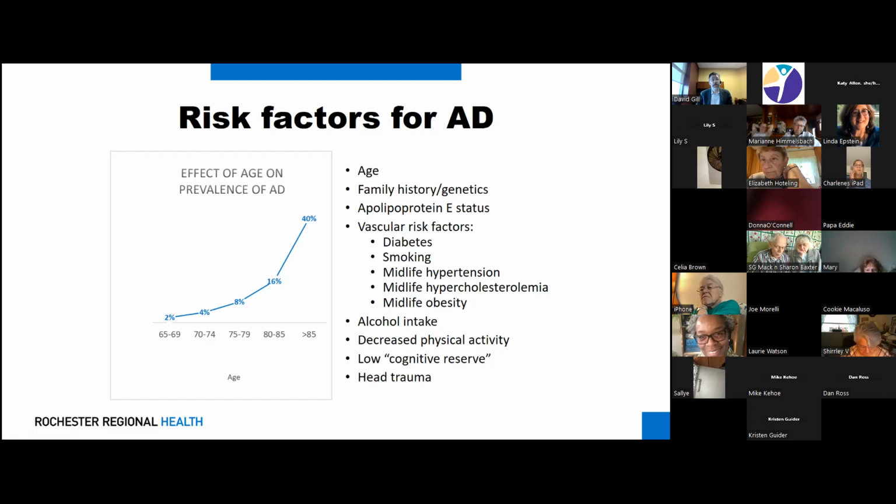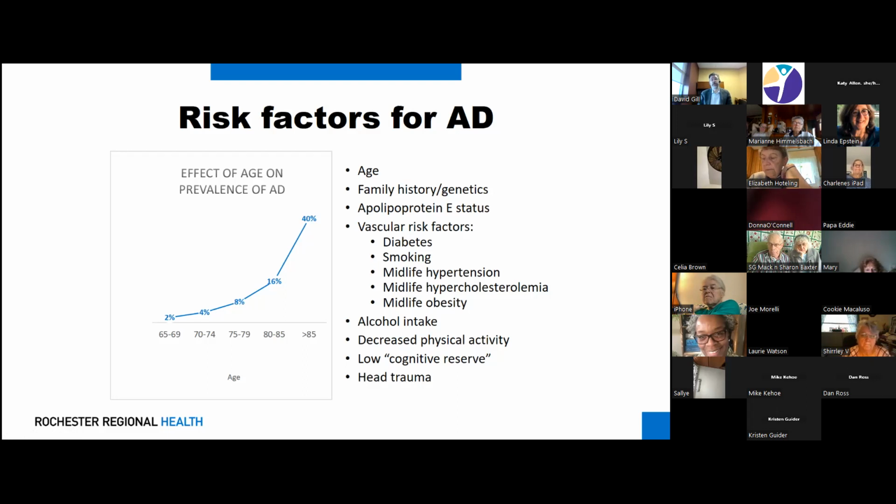So there's something about the aging brain that leads to the brain changes of Alzheimer's disease. We really don't know what it is, and that's what we need to figure out. We know there is some impact of family history and genetics, which I'll mention.